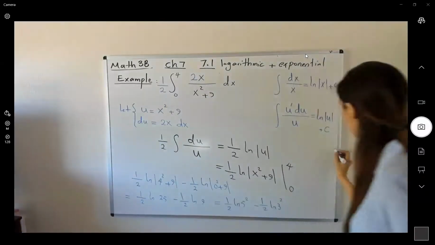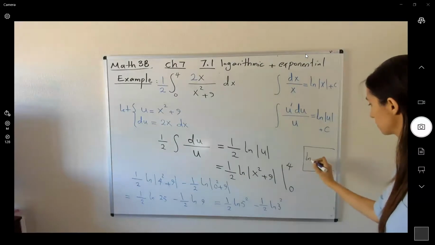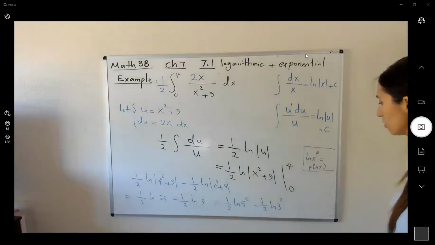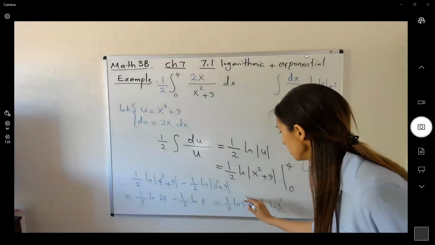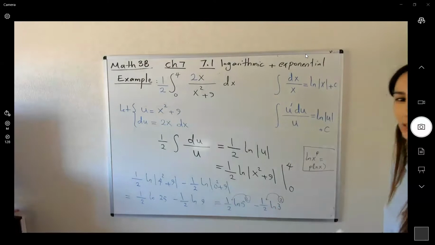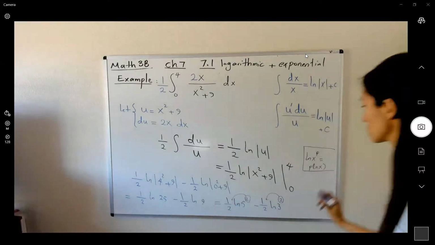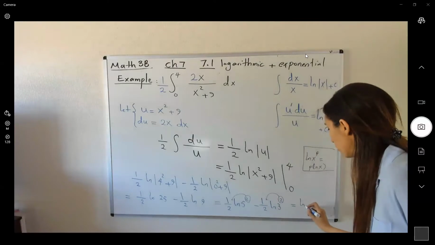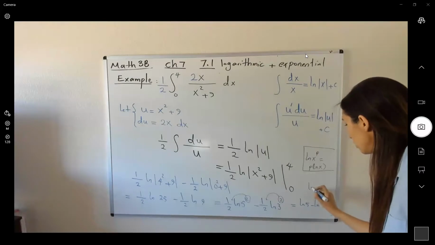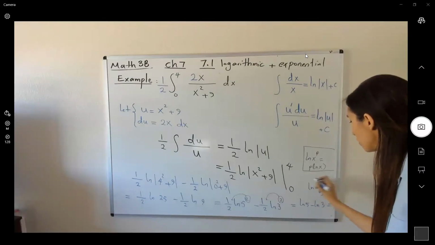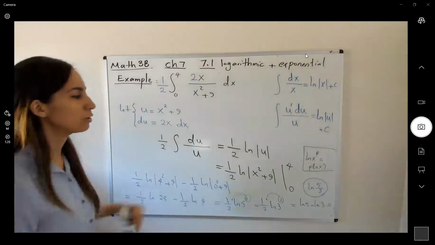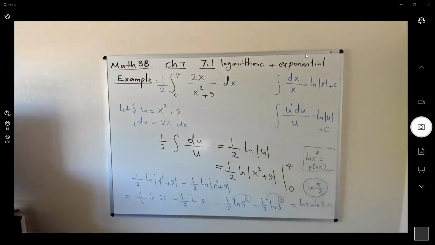If we have ln of x to the p, this is equal to p times ln of x. So we take these exponents, write them in front of ln, and you can actually see we can cancel out 2 and 2. So this is equal to ln of 5 minus ln of 3, which is equal to ln of 5 over 3. So this integral is equal to ln of 5 thirds.